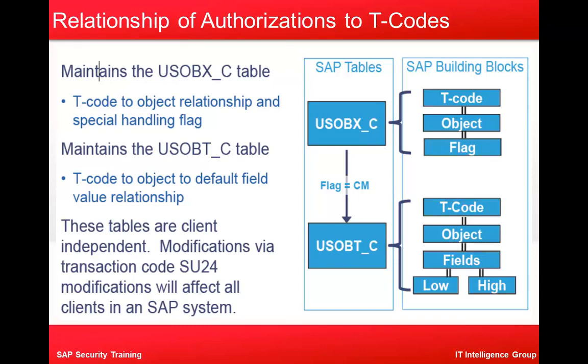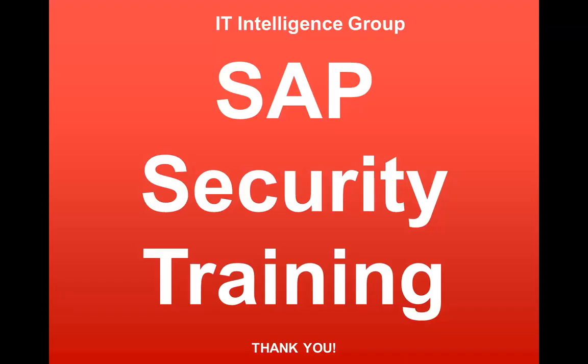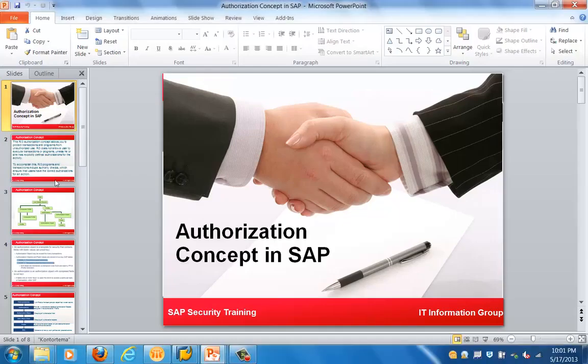Basically, these tables are client dependent, and modifications via T code SU24 are done to reflect them in the SAP system. In table USOBX_C you have the SAP building blocks, that is T code, object, flag, and at the bottom you can see T code, object, field values.